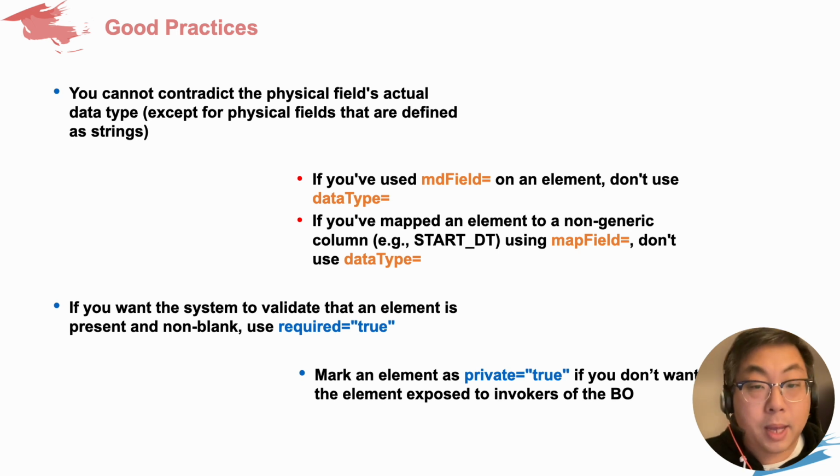So you make them true. And also sometimes you say, I want to add an element value which you want to default to a certain value, and you don't want this to be shown on the screen as well. Sometimes they're just kind of utility fields, so you can use this as well.